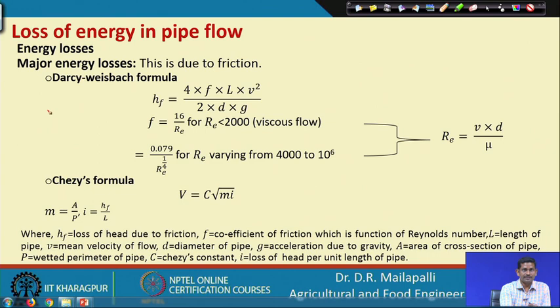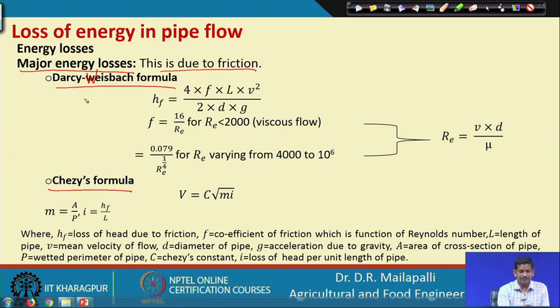Energy loss: the major energy loss could be due to friction. For friction we have two equations, one is the Darcy-Weisbach equation and the other is Chezy's formula. These two can be used to find the head loss.